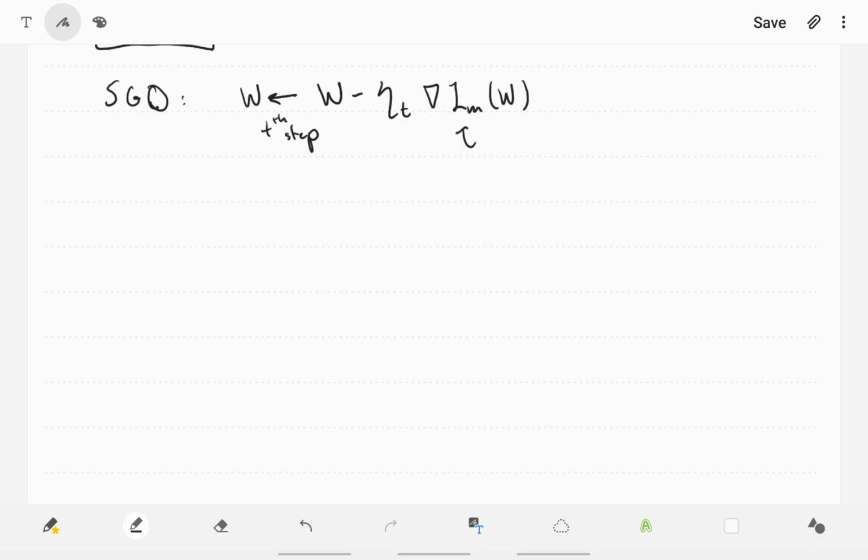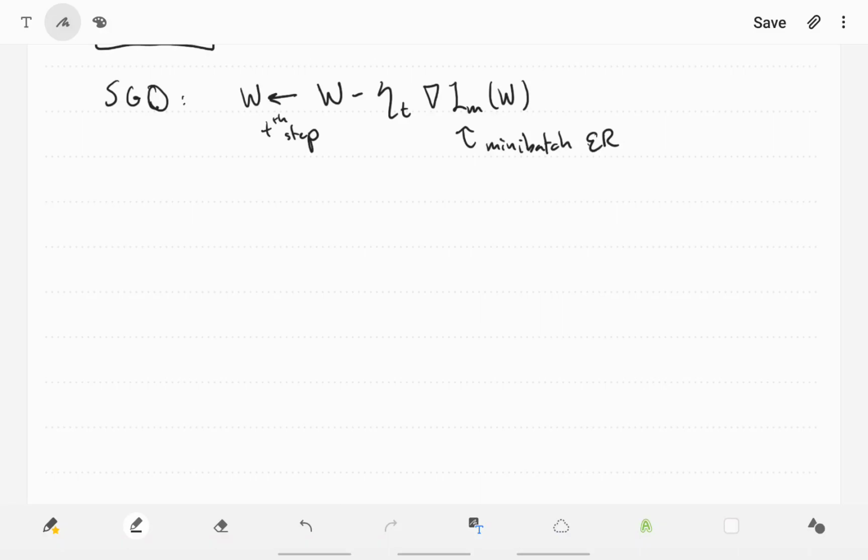So this L sub m is the mini-batch risk, right? The average of the mini-batch losses. Empirical risk. I'll just write ER for empirical risk.